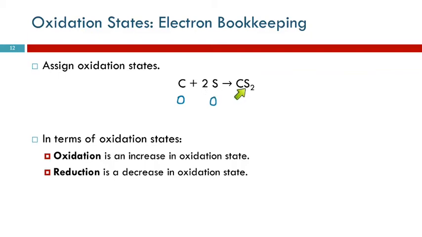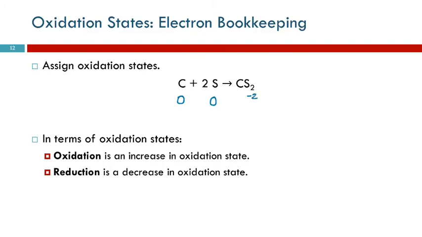Carbon disulfide. So 2 nonmetals, Fe765, no fluorine, no hydrogen, no oxygen, no group 7, but sulfur's in group 6. What does sulfur want? It wants to be -2. So sulfur's going to be -2.